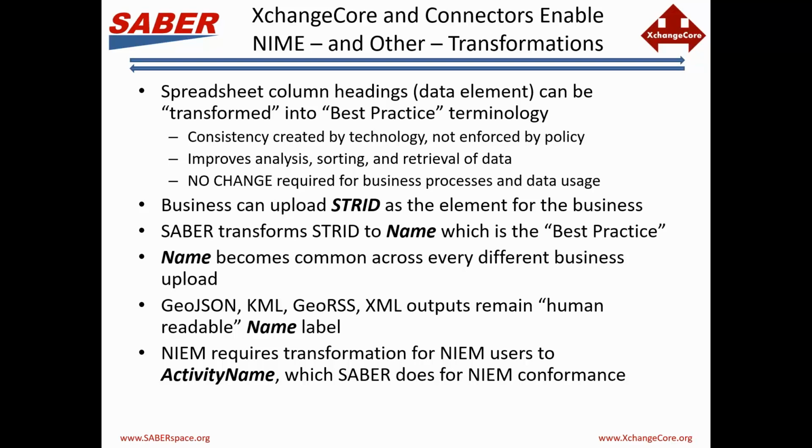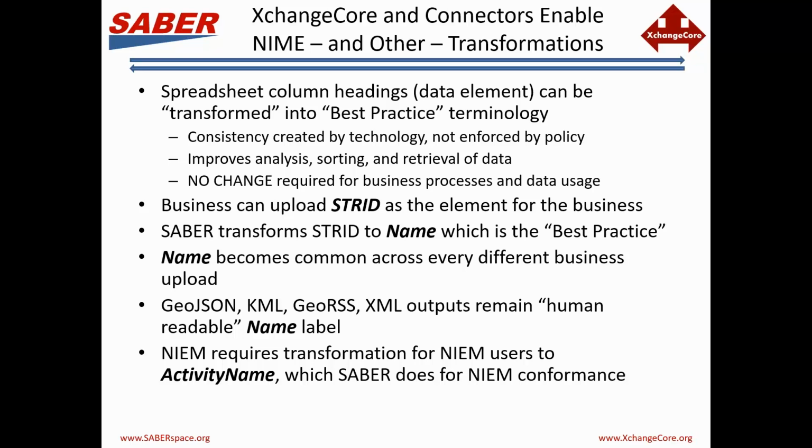So that consistency across companies is provided to the recipients of the data by doing these transformations. Consistency is done by the technology, not by enforcing policy. So we don't say just to Macy's and Costco and all the others, you have to, in your first column, have the word business name. No, I don't care what that is. As the second bullet says, somebody can upload their column name STRID. I think that might mean store ID, something like that.